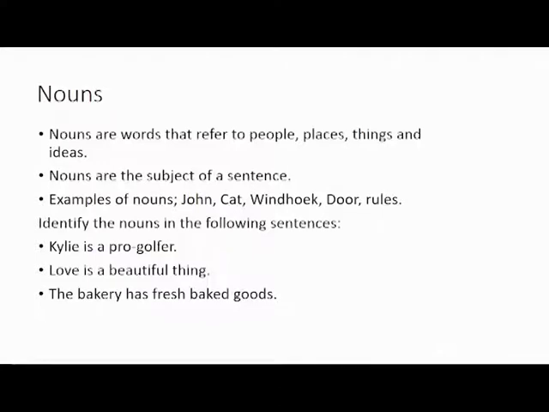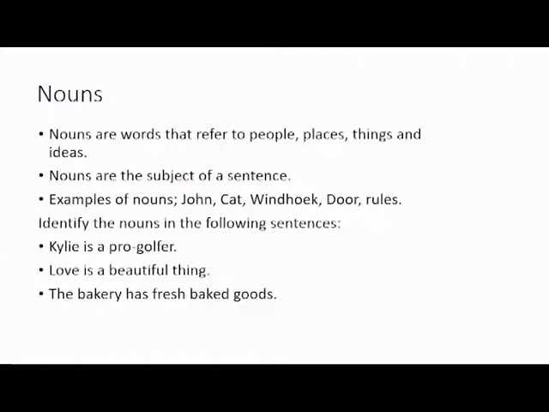So we say nouns are words that refer to people, places, things, and ideas. Nouns are the subject of a sentence. Examples of nouns, we have John, cat, window, door, rules, and so on. So we have an activity here where we say identify the nouns in the following sentences. The first sentence is Kylie is a pro golfer.